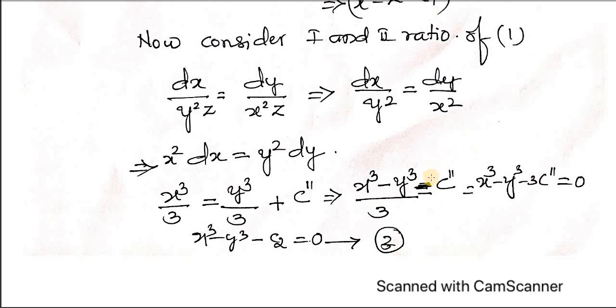Multiplying 3 to c double dash, that becomes 3c double dash. So the equation becomes x cube minus y cube minus 3c double dash. This 3c double dash can be chosen as c2, so x cube minus y cube minus c2 is equal to 0. Make it equation 3. So this is the second solution.